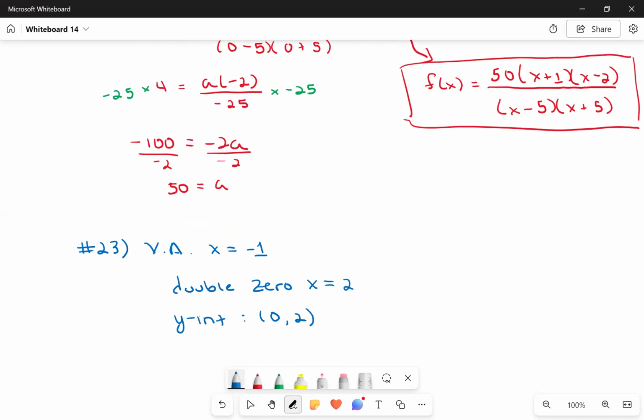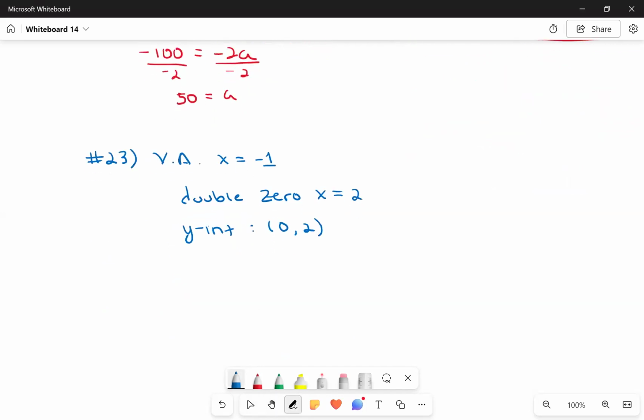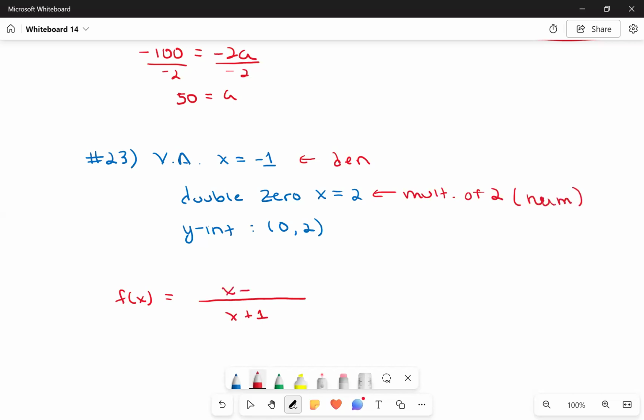Okay, so there's our denominator. So what do we have in the denominator? Yep, change it into factored form, so x plus 1. Okay, now this means multiplicity of 2, and it's my numerator. So what's going to go in the numerator? Yes, x minus 2, that's the factored form, squared.